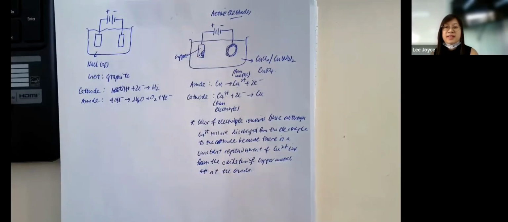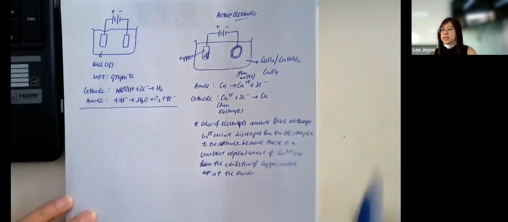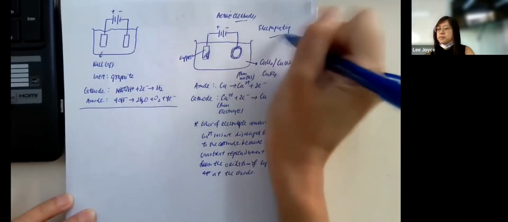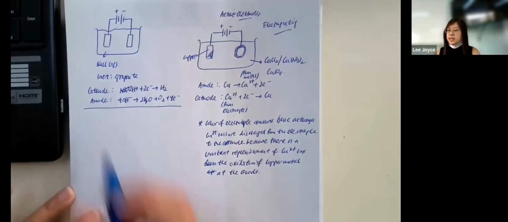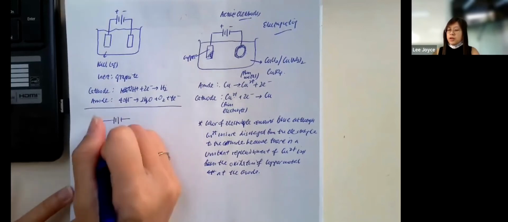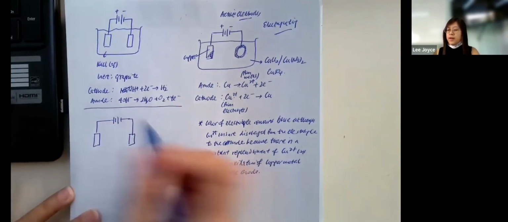Understand the whole process, right? So if you compare the use of this active electrode, that's in the application of electroplating, versus, let's say I give you another example, the use of the inert electrode. So we use graphite electrode.